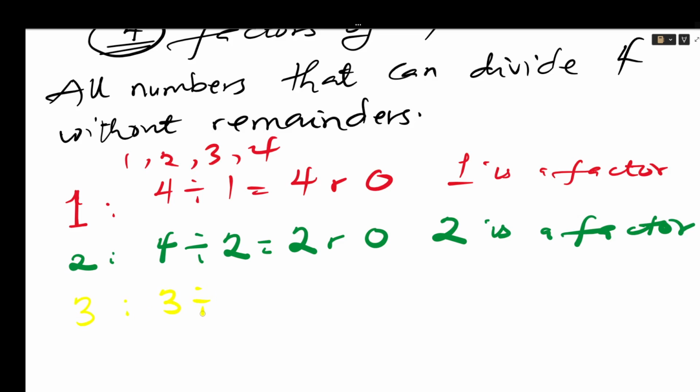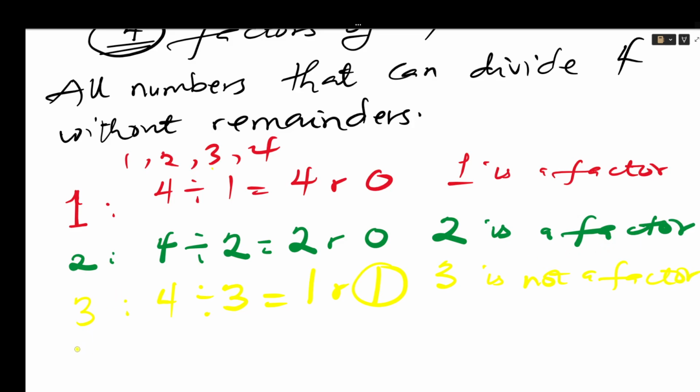Sorry, we should rather be focusing on our number, which is 4. So 4 divided by 3, checking if 3 is a factor, is equal to 1, remainder 1. So you could see, since we had a remainder over here, 3 is not a factor.